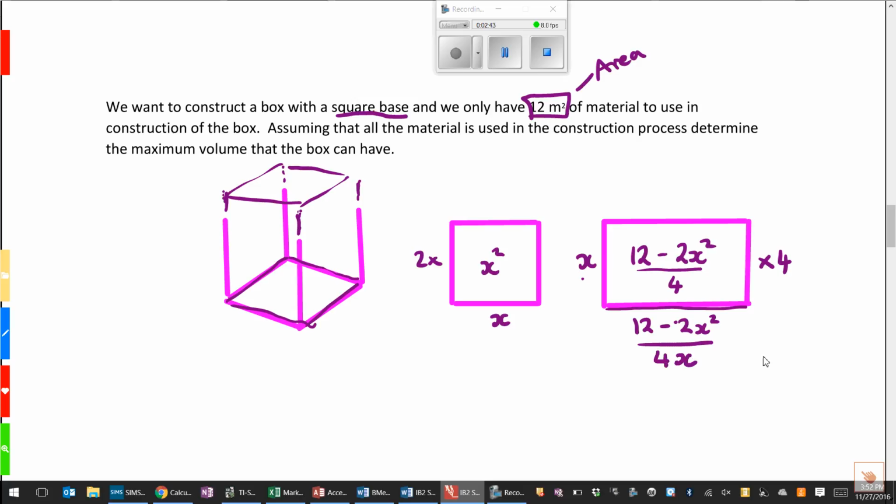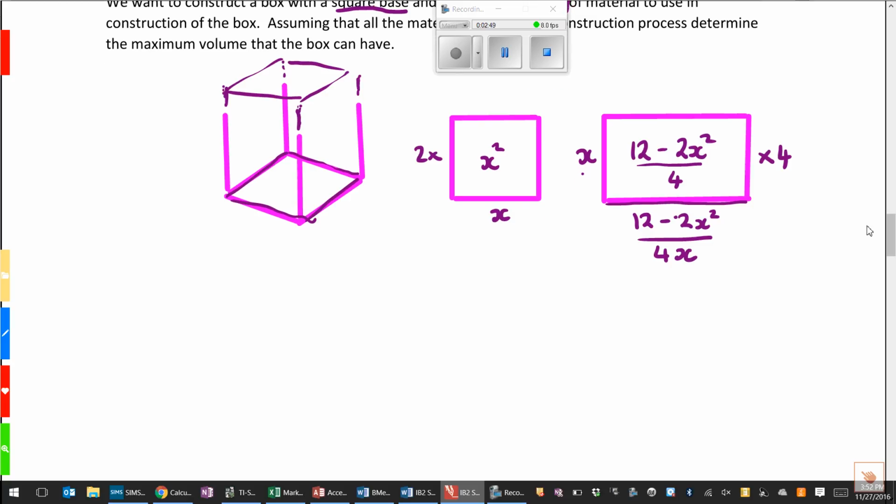That will be that dimension. We can simplify this a little bit and cancel out 2 out of here and here, so that will make 6 and 2. So I have 6 minus x squared all over 2x. This x doesn't cancel, this 6 doesn't cancel with the 2. We'll take out common factors only where we can.